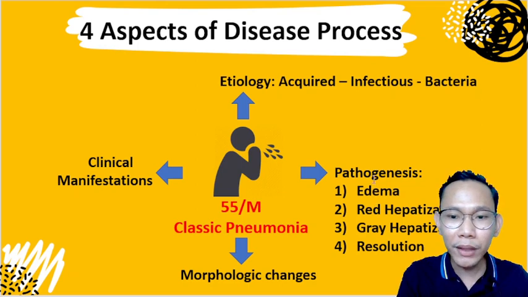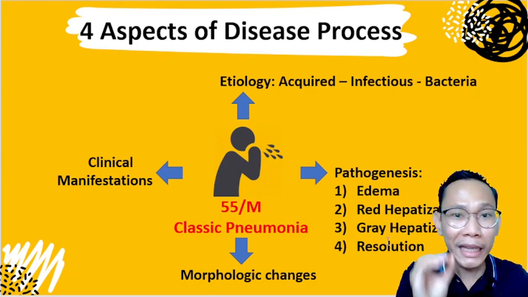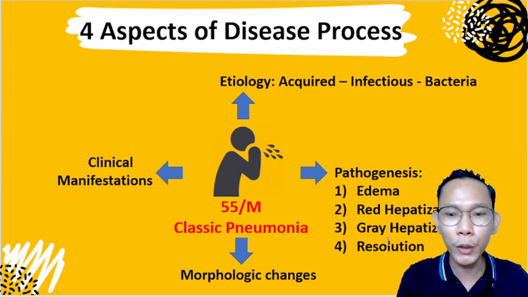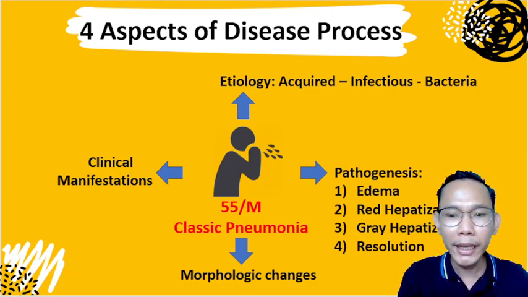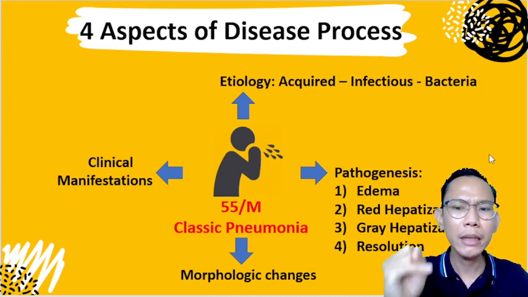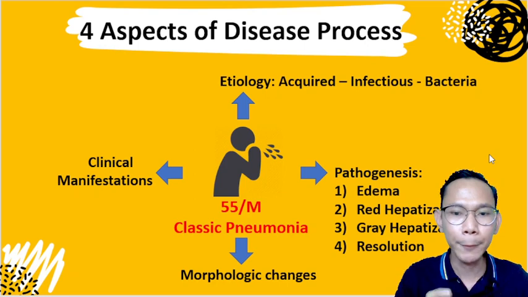That's the initial phase, edema, followed by red hepatization, followed by gray hepatization, followed by resolution. So resolution is actually the final phase of your pneumonia. Ito na yung healing where healing occurs. So this is the basic pathogenesis of pneumonia. Initial phase niya, first may edema, red hepatization, gray hepatization, and lastly, the healing.